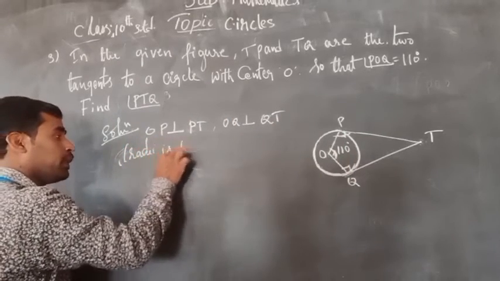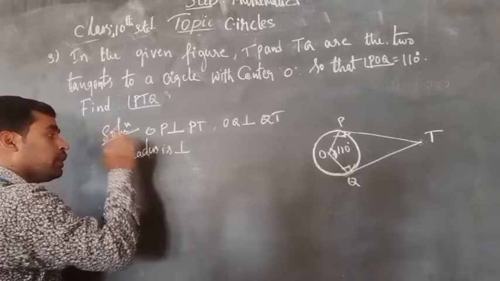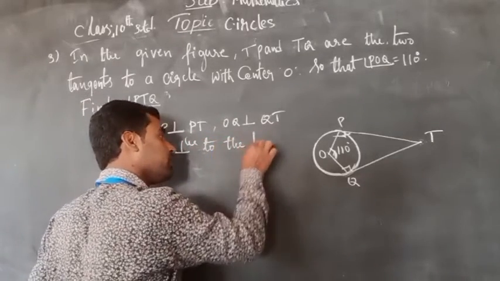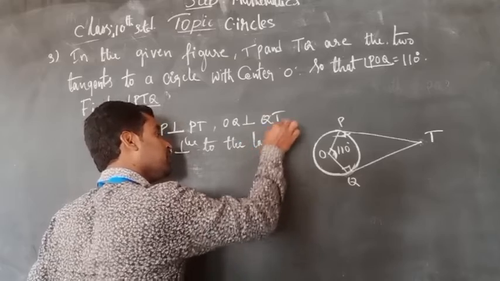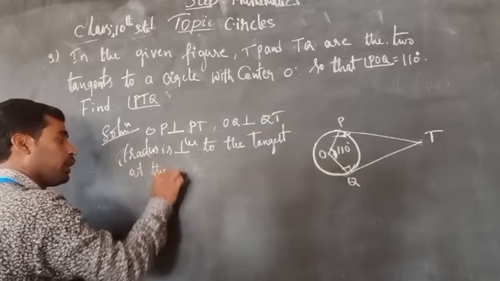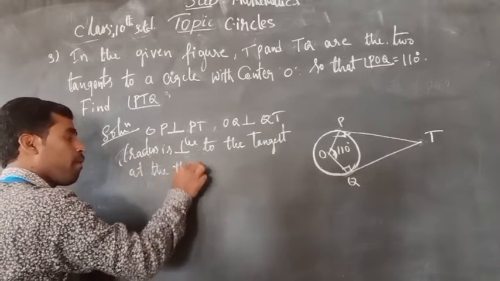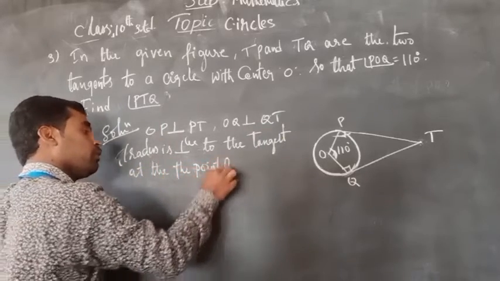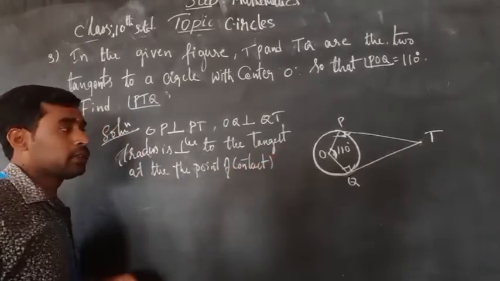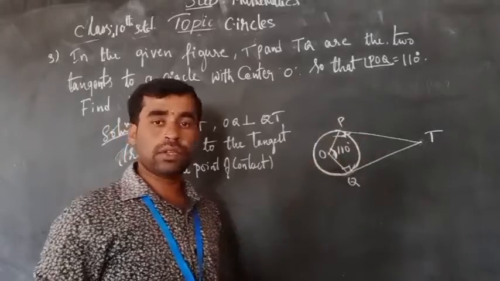For this too, we can write the reason: the radius is perpendicular to the tangent at the point of contact.